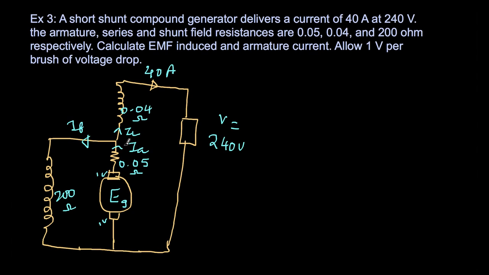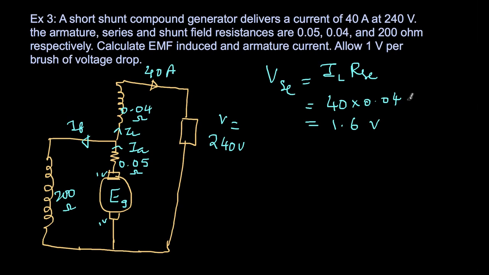For that, first I should know the voltage drop here. So the voltage drop in series, let me call it VSC, is nothing but I load multiplied by RSC. The load current is 40 amperes and the series resistance is 0.04. So this looks like 1.6 volts, 4% of 40.